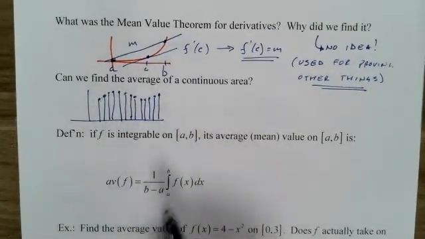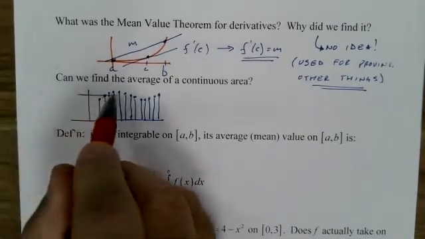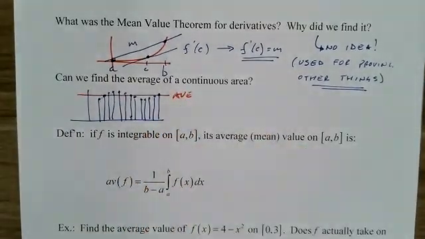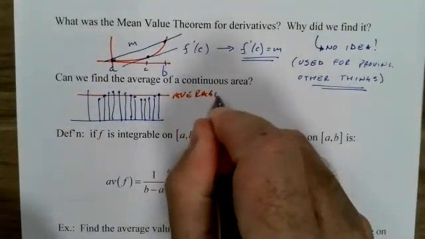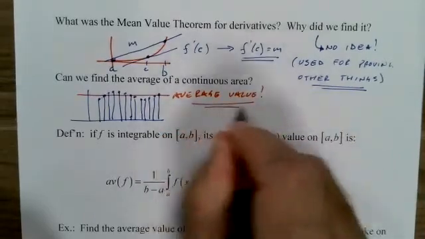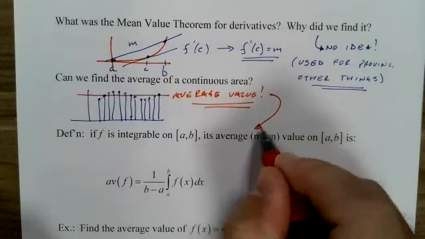How do we add up this area? We use an integral. We want the average value. So we look at this and we say, it's usually around about there. That's the average value. And how do we find that average value? Right down here.